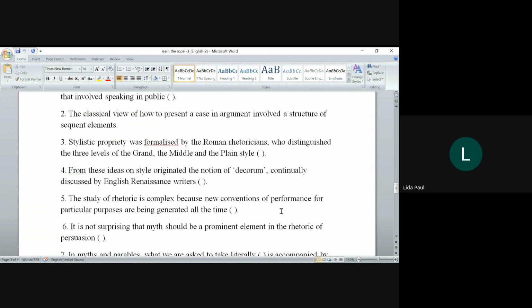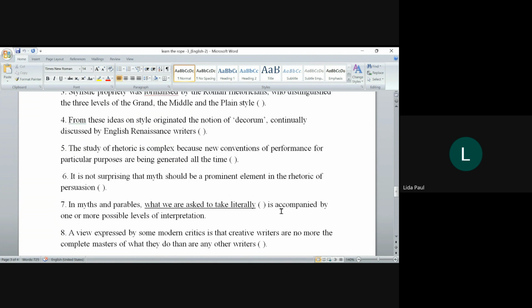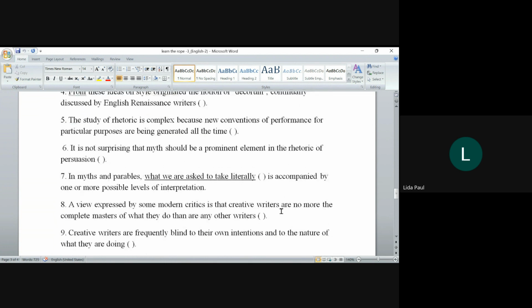"Continually discussed by English Renaissance writers." It has "continually," which tells you how, right? It gives you information about how the discussion happened. This one is an example of an adverbial clause, okay? Any doubts regarding that? Why we chose "continually"? Is this clear enough to you why this is a subordinate clause and also why adverbial? Yes, ma'am.